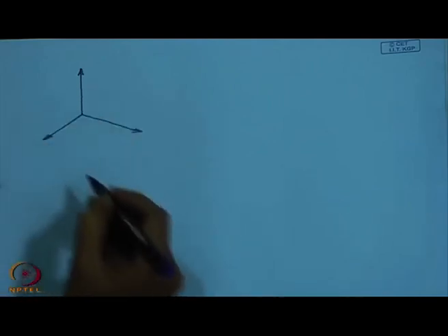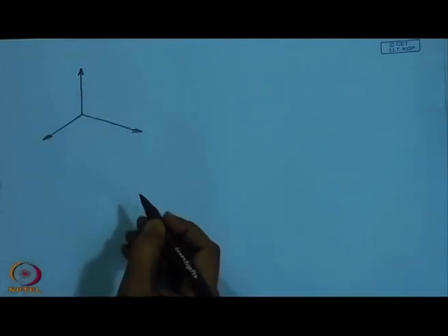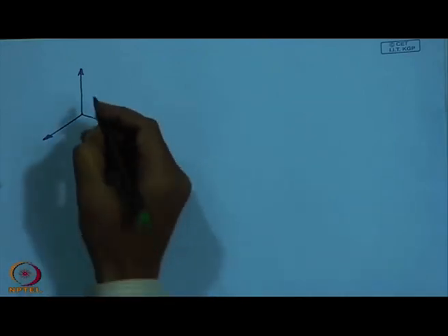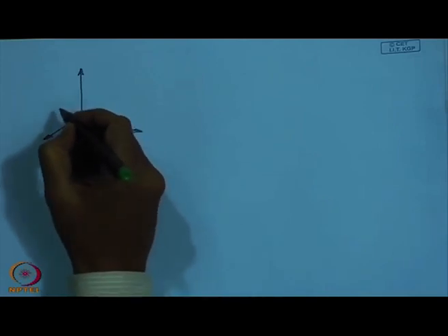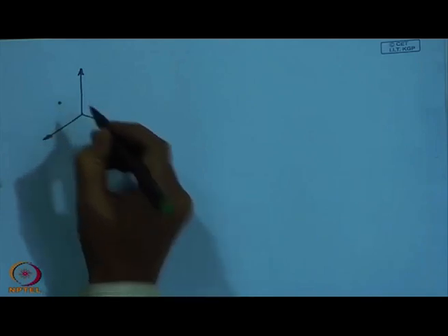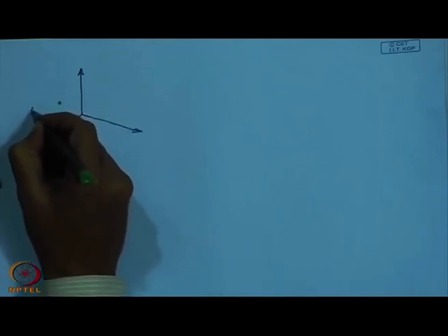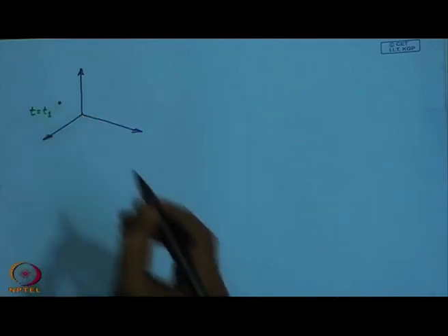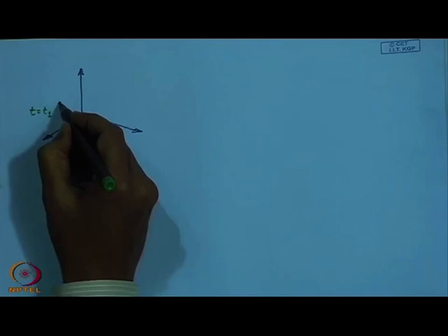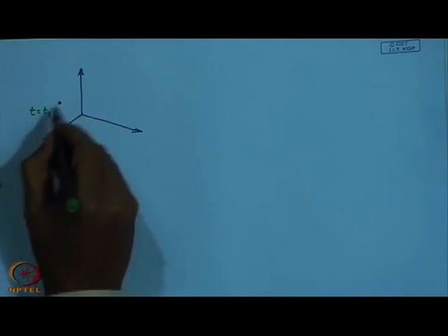Imagine an infinite dimensional configuration space, and at time t equal to, let us say, t1, I observe the configuration of the system, which is represented by this point at t equal to t1.